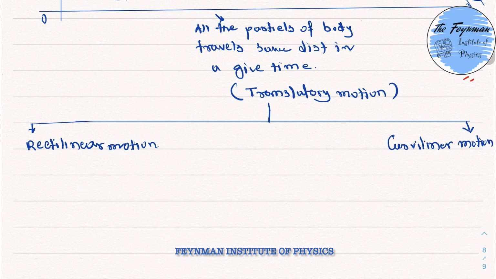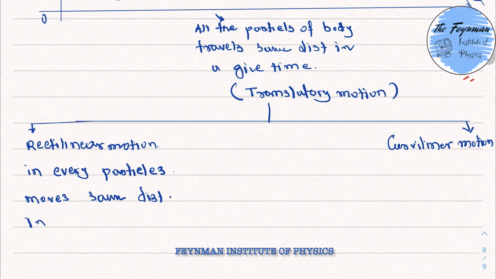Now we have seen that rectilinear motion is a kind of translatory motion in which every particle that constitutes the body moves the same distance in a given time, but in a straight line path.